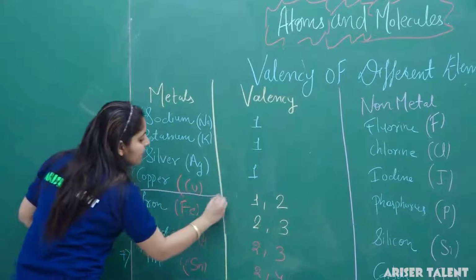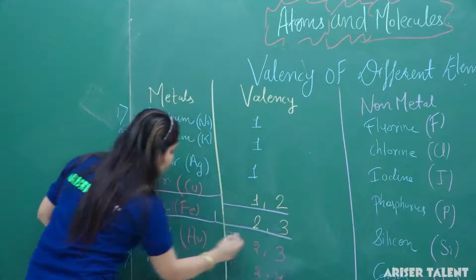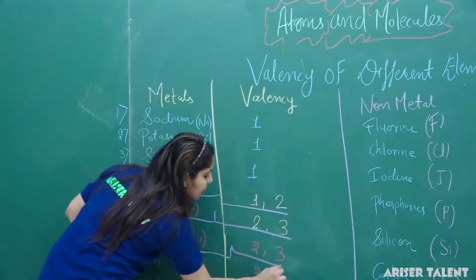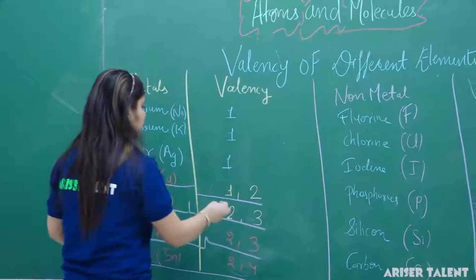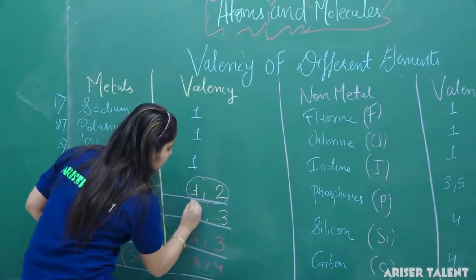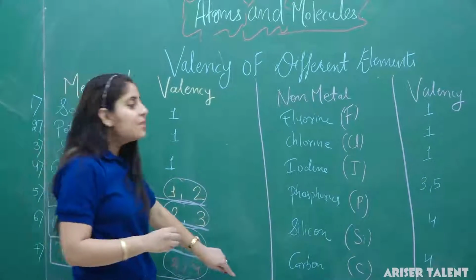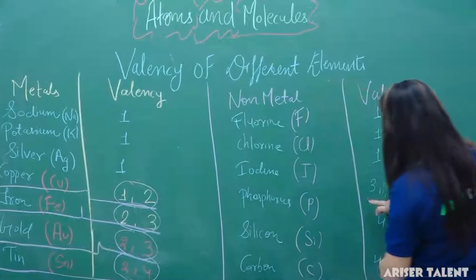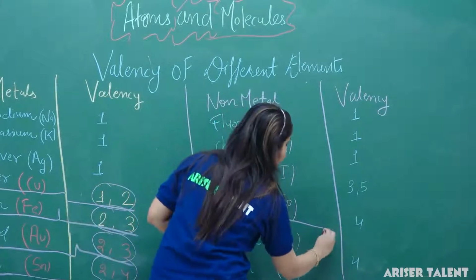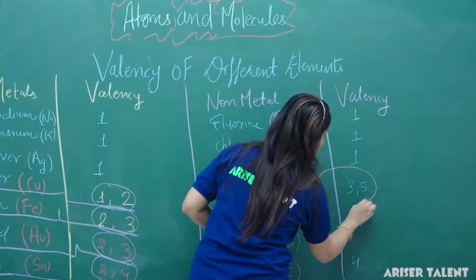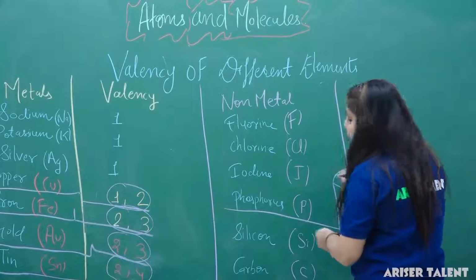Copper has two valencies, iron has two valencies, gold and tin also have two valencies, that is 1 and 2, 2 and 3, 2 and 3, and 2 and 4. Among the non-metals we have phosphorus, which exhibits two states, that is 3 and 5.